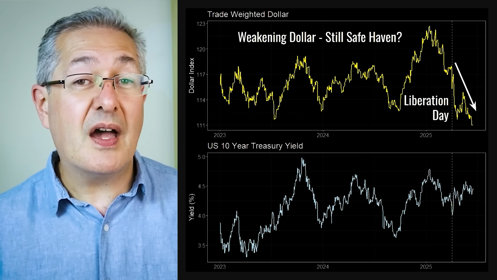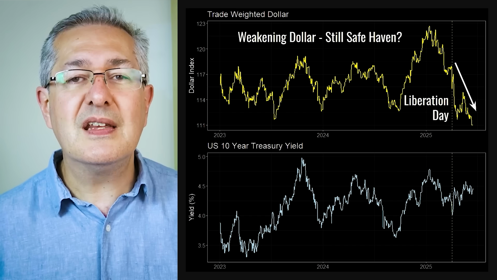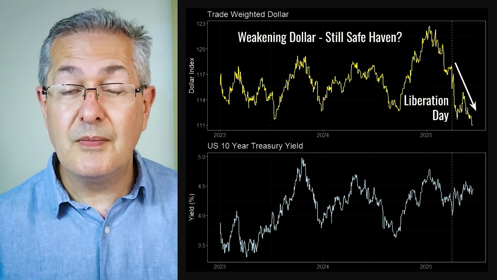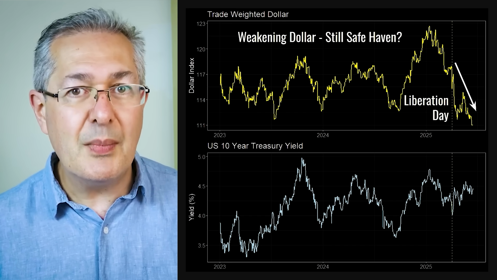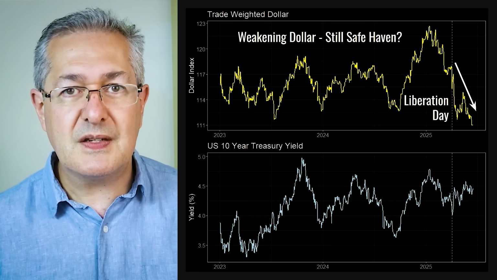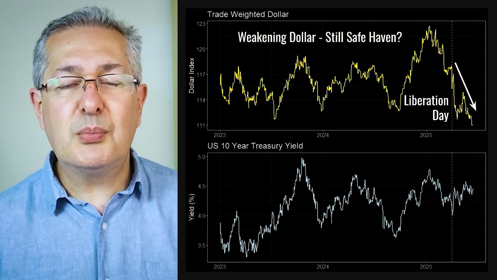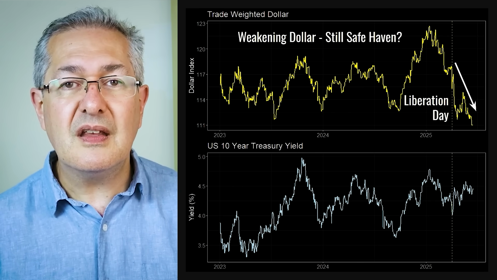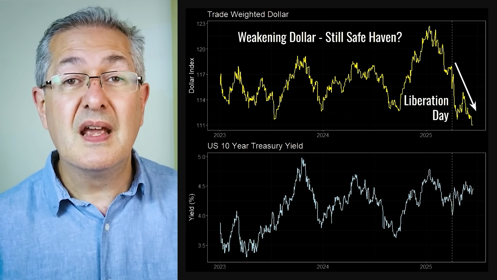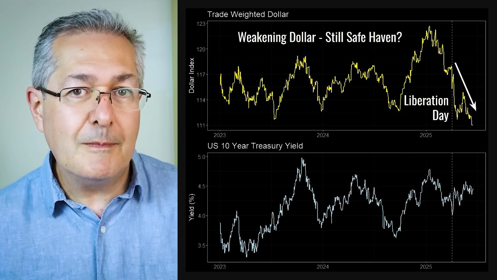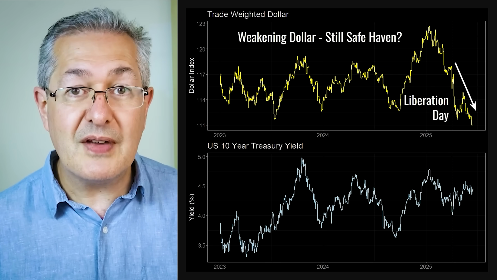Usually if US yields are high, that attracts money to the US and strengthens the dollar. So this is really very much, I think, based on that political uncertainty. The reason why this is a problem for non-US investors is that if you buy US assets and the US dollar weakens, well, that just reduces the value of your investment.